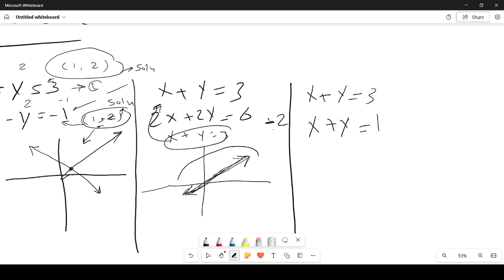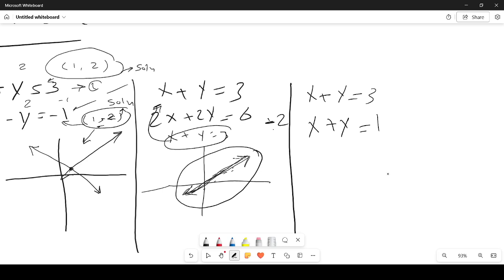And the solution here is every point that lies on this equation. So in this case, we have two lines that are identical to each other, and every point that lies on the first equation also lies on the second equation's line.